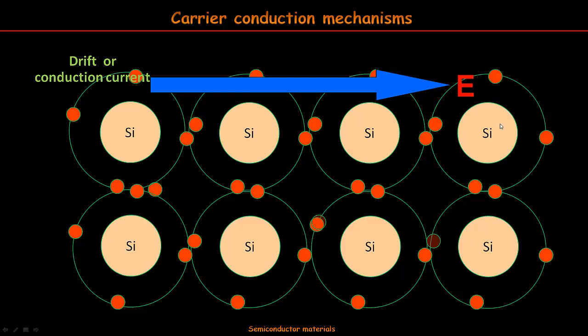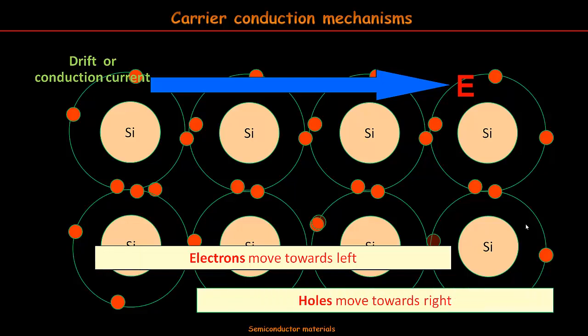Technically, a current is created of electrons moving from right to left, or a current of holes moving from left to right. As we see, holes behave exactly like positive charges do. That is the reason to treat them in that way. So a drift current is produced under an electrical field.